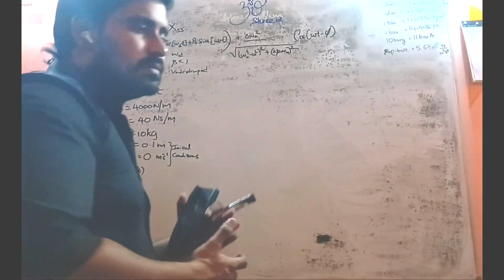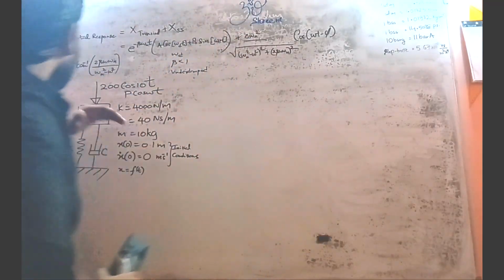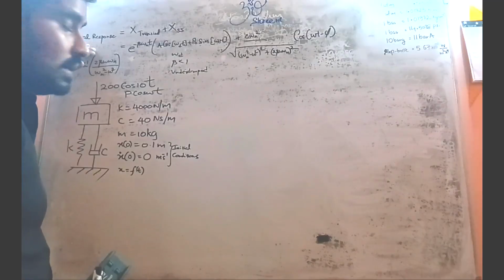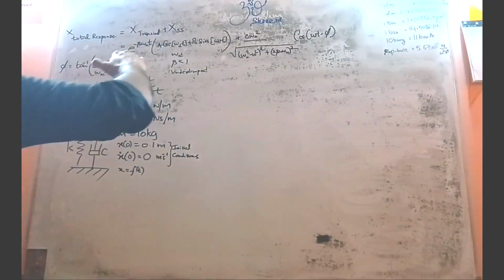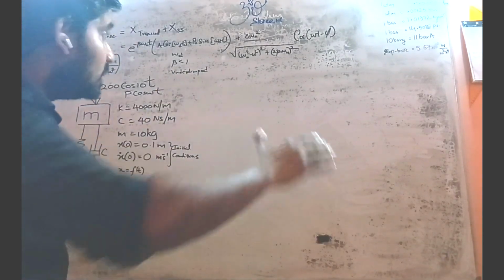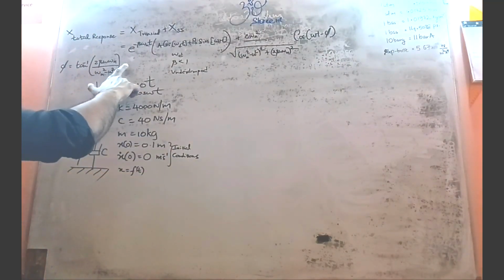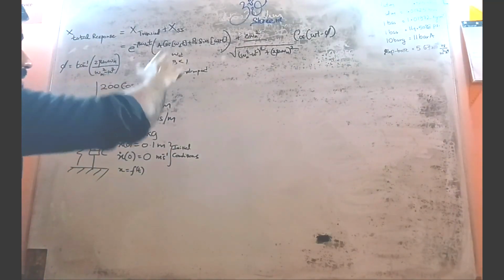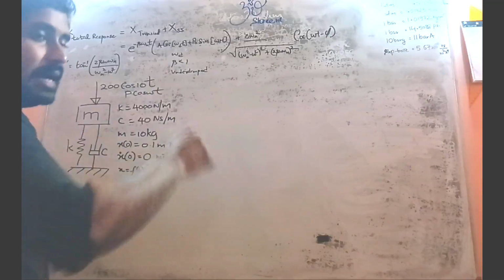So now we have previously studied how we can obtain the total response, right? And we know that the total response is actually a summation of the transient response and the steady state response, right? And we know the equation, and here this omega d, specifically this omega d, which is the damped frequency.